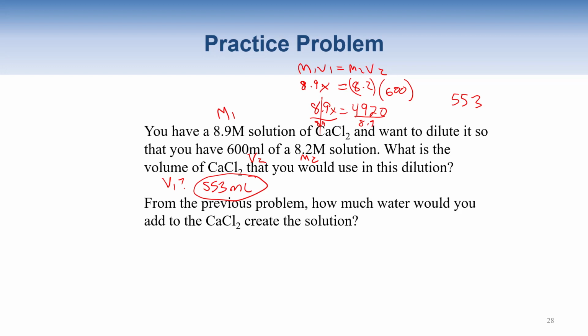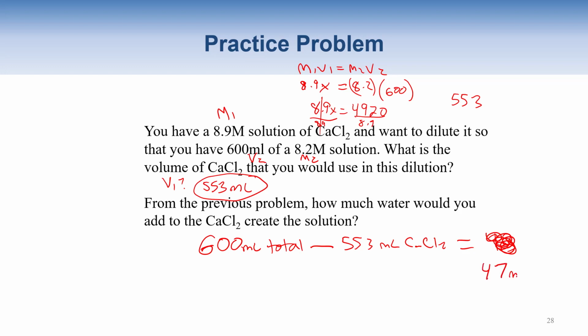Well, we want 600 mils total, so we would do 600 minus the 553 of the calcium chloride solution we're already adding, and we would only do, let me write this out for you. 47 mils of water would be added.